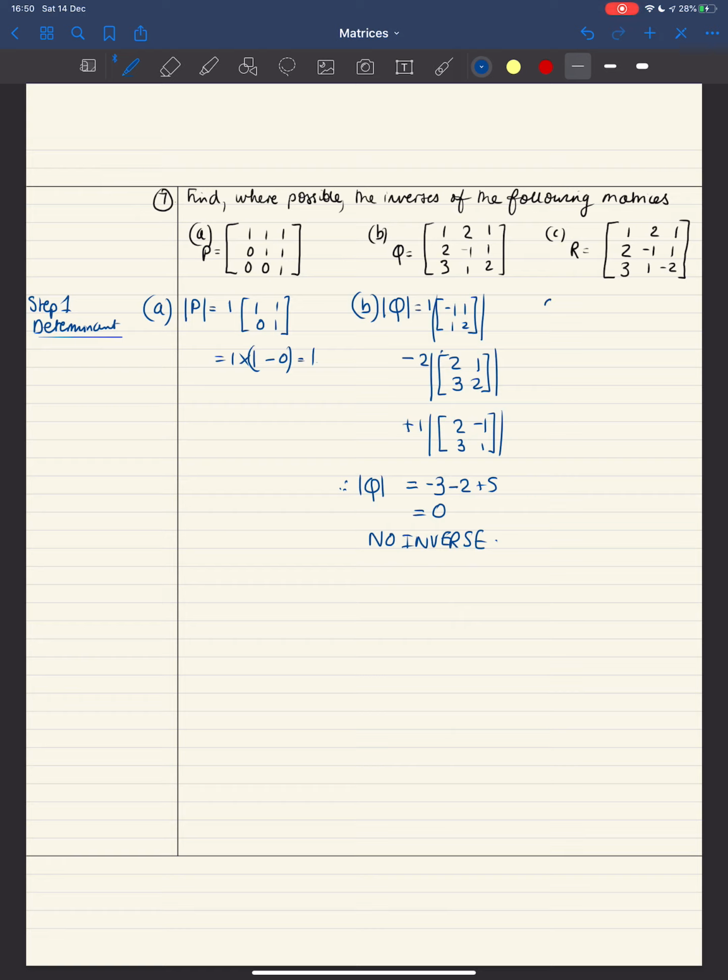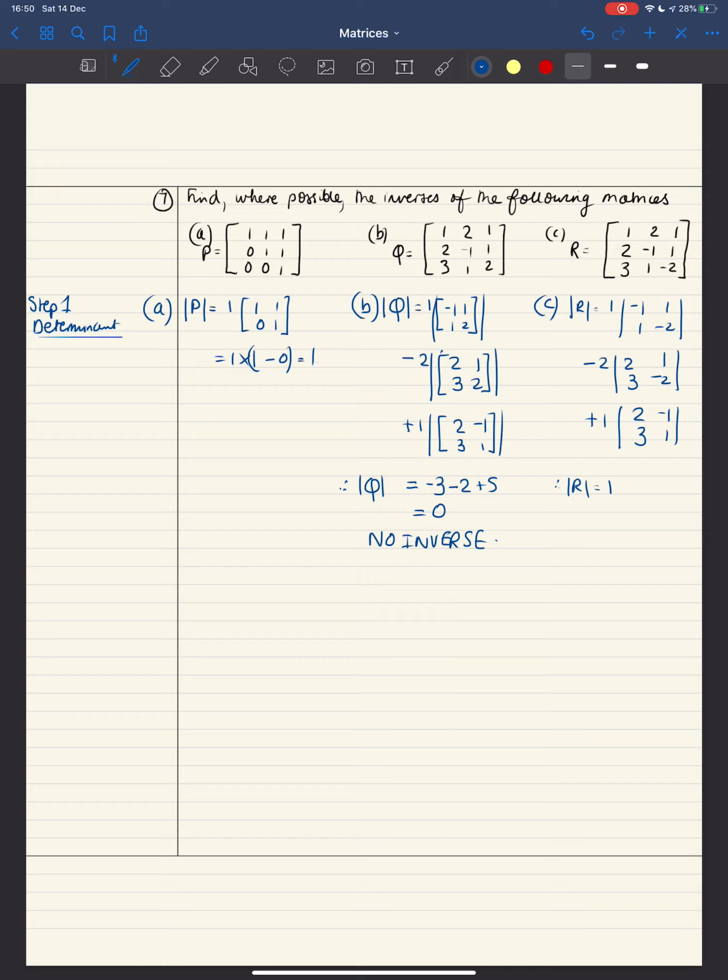And let's do C, the determinant of R. So it's 1 times the determinant of minus 1, 1, 1, minus 2. Minus 2 times the determinant of 2, 3, 1, minus 2. Plus 1 times the determinant of 2, 3, minus 1, 1. Det R. So I'm going to do this here. So it's 1, and that's 2 minus 1, which is 1.